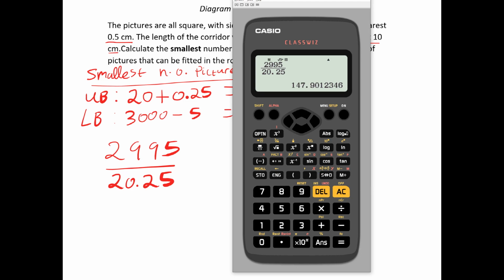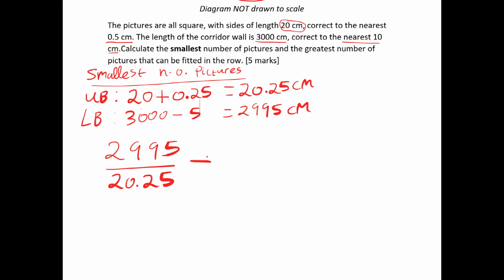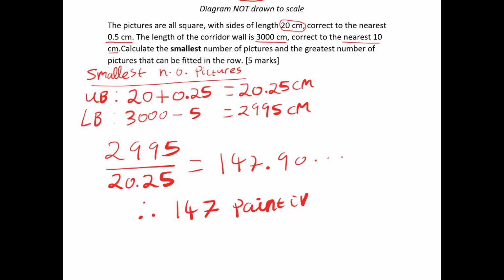But you can't fit 0.9 of a painting into the space. So we can only fit 147 paintings. So in fact, let's write that in full: this is equal to 147.90 and so on. So we would say 147 paintings is the smallest number of paintings that would possibly fit.